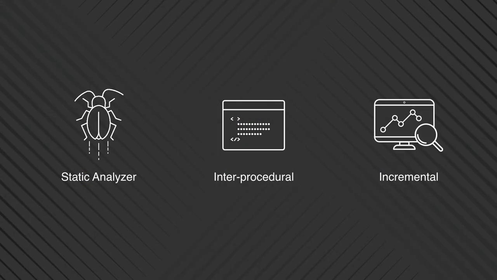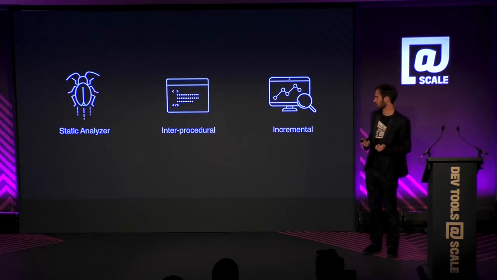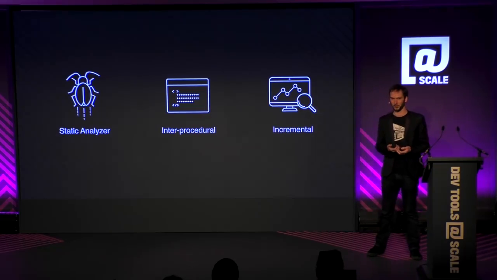So Infer is such a static analyzer. It tries to build a mathematical model of the source code that represents all possible execution paths in order to find issues. And I want to insist on two specificities of Infer compared to other static analyzers out there.